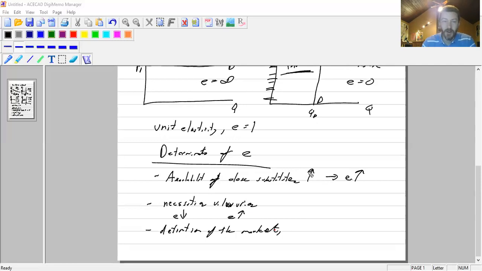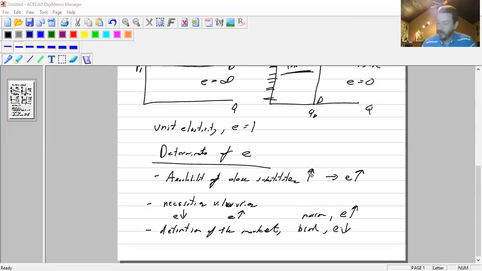With definition of the market, with a narrow market, if we're thinking about a particular good that way, we have relatively high elasticity. If we're thinking about a broad market, then the elasticity is relatively low.